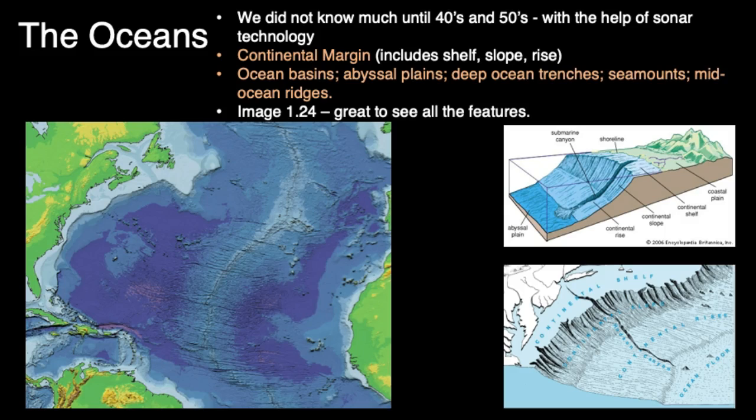So it is hard to see them in areas where you have, for example, deep ocean trenches, like on the South America Pacific coast, and I'll show you some images later for that.